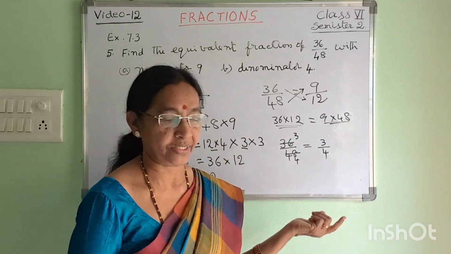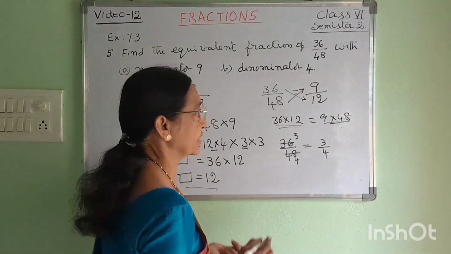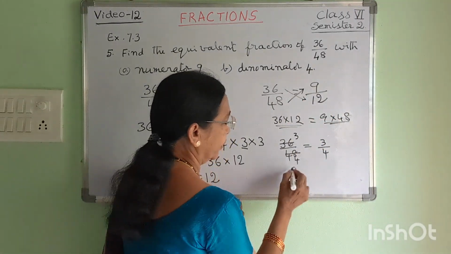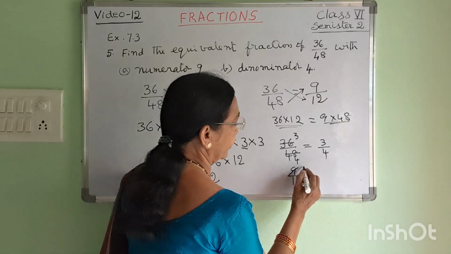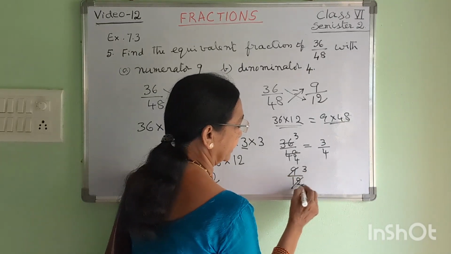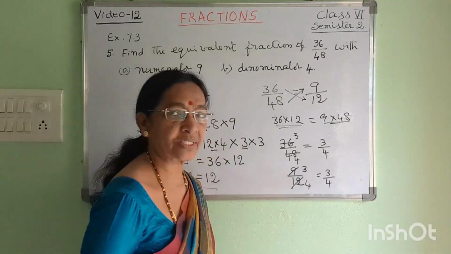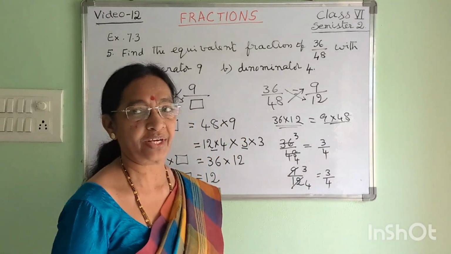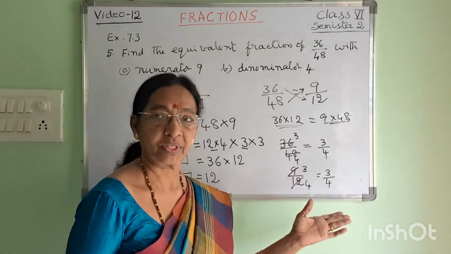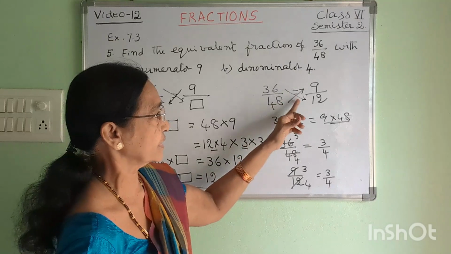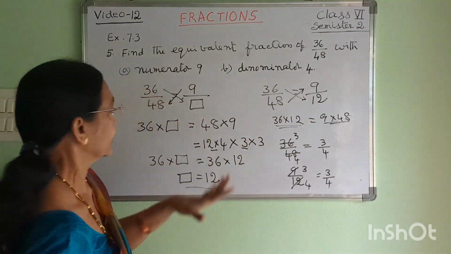This is the simplest form of the fraction. Similarly 9 by 12: both are divided by 3, therefore 3 3s are 9 and 3 4s are 12, so this is 3 by 4. So the simplest forms of both the fractions are the same, 3 by 4. Therefore, they are equal. 36 by 48 is equal to 9 by 12.